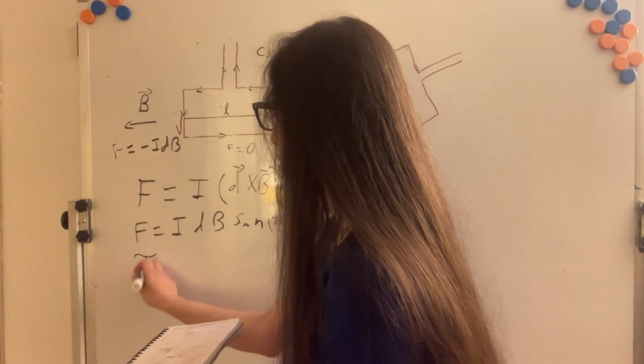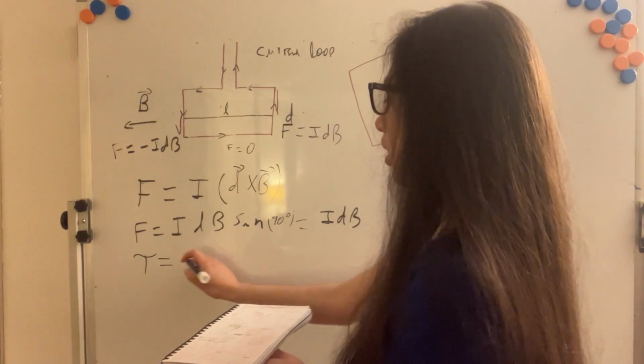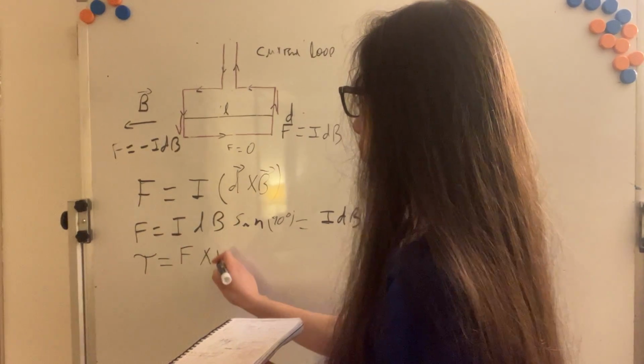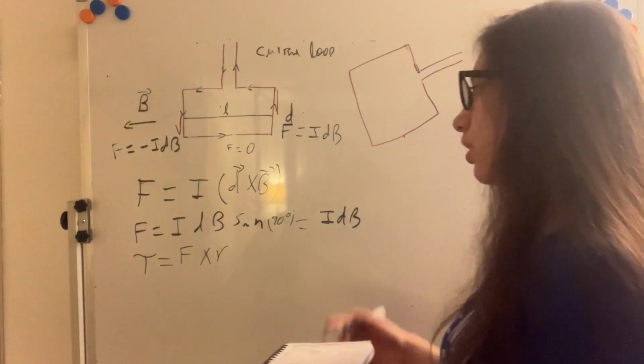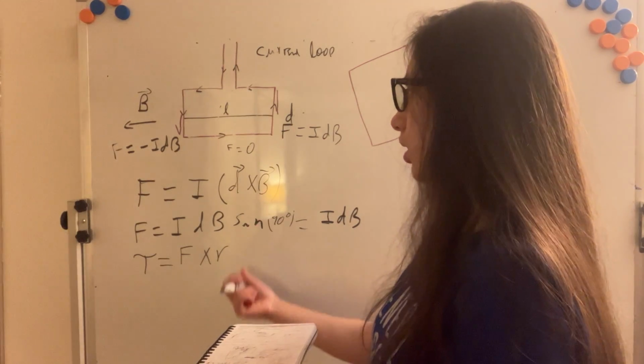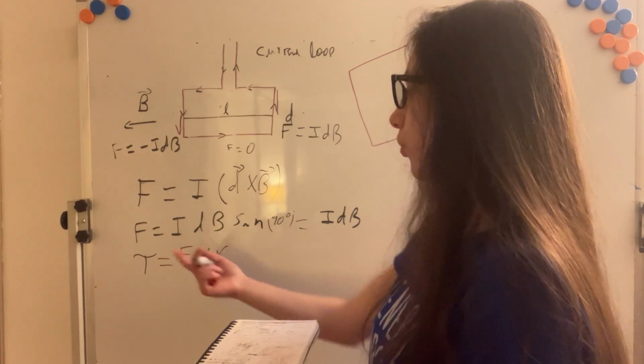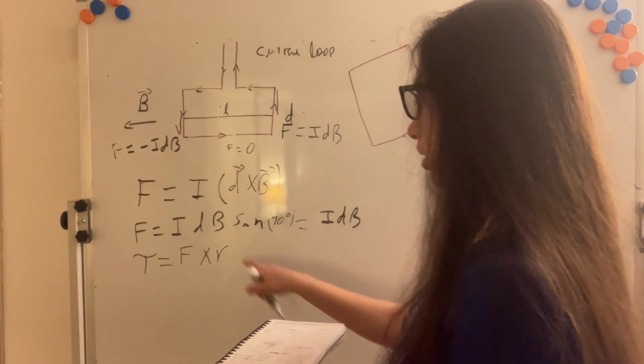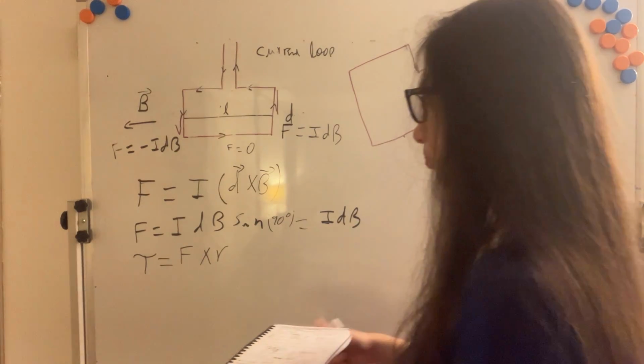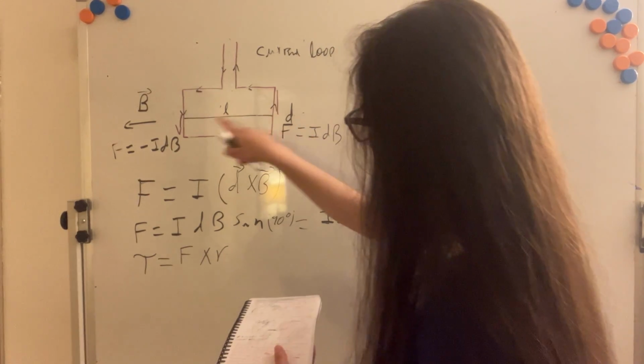So what is the torque? The torque is the force cross product with the distance from the center of mass to the point at which we apply the force. That distance is usually called R. Here we have these two forces.